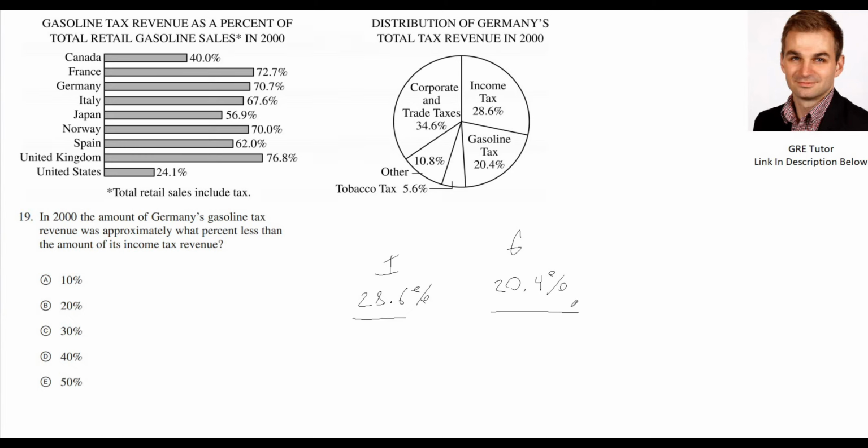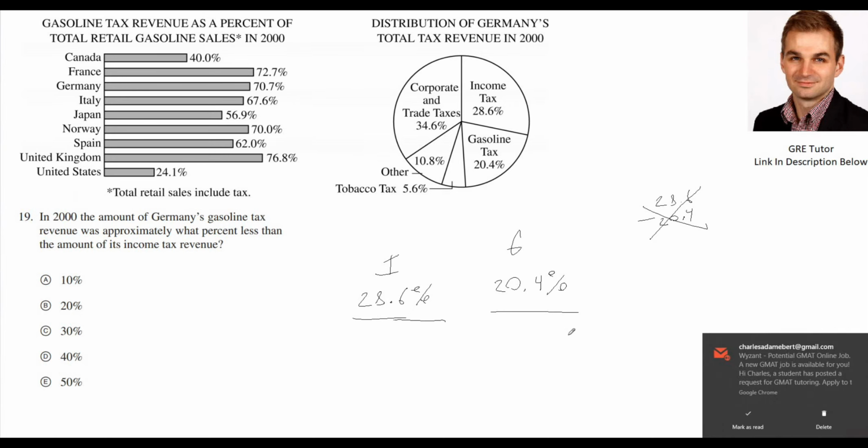What's important to note here is that they are not saying take 28.6 and subtract 20.4. Don't do that, because you're not trying to find out, of the total tax revenue, how many fewer percentage points gasoline is than income tax. They want to know, in comparison to income tax, what is the percentage decrease to get to gasoline tax?